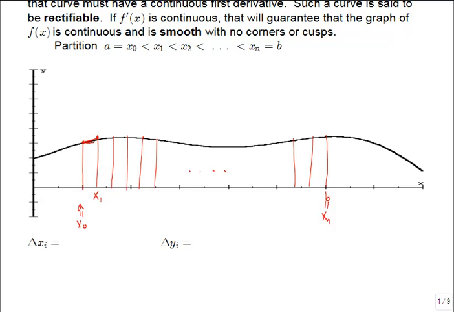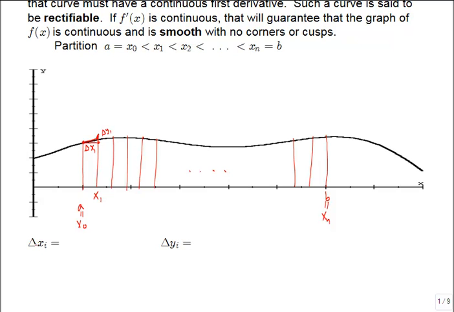So if we find this horizontal distance by subtracting x1 minus x0, that would be our little delta x sub 1. And then the two y's are y sub 1 and y sub 0. So if I subtract these two y's, that's going to find this vertical height right here, which I'll call delta y sub 1. And using our distance formula, we can come up with the distance between these two endpoints.